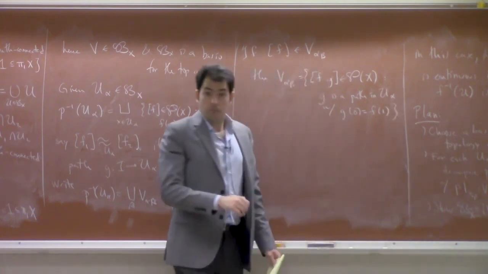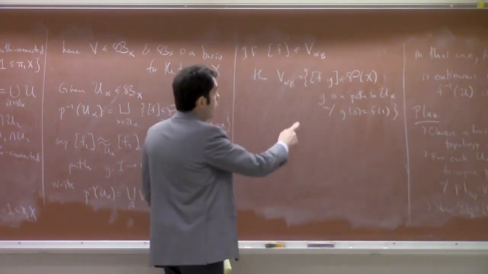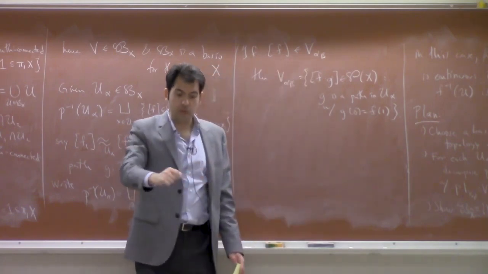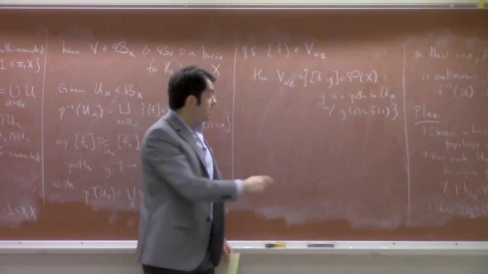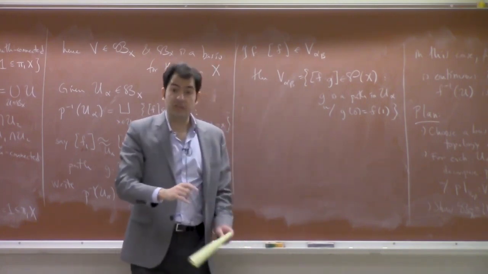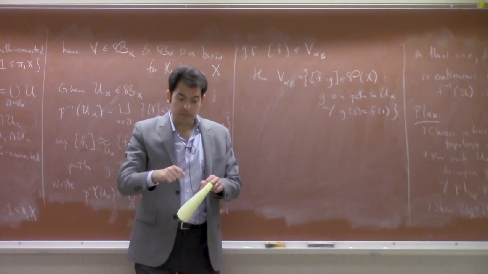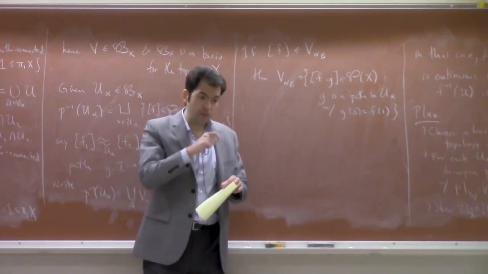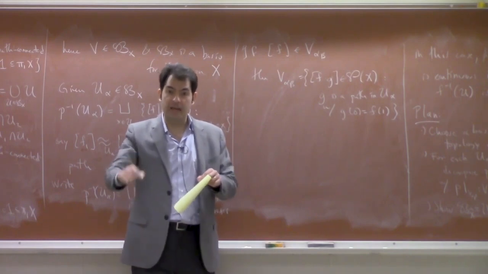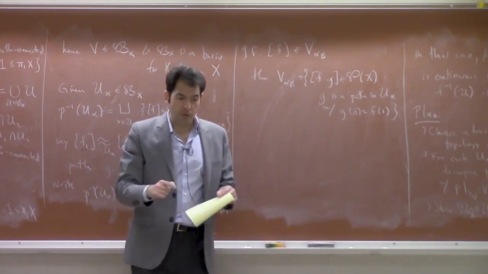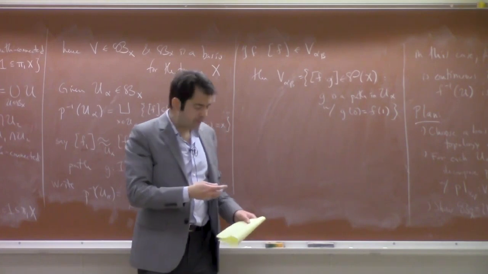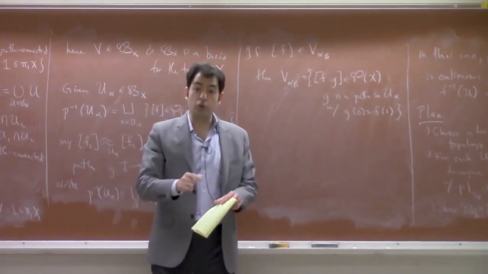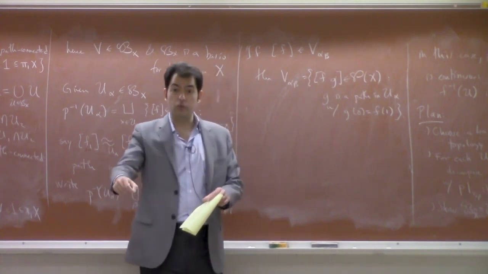Right? So as soon as you fix one path that goes from X naught and lands you inside U alpha, then the equivalence class is just all of the paths into points in U alpha that go from X naught into U alpha along the path you started with, right? So different equivalence classes correspond to different ways of going from X naught into U alpha.